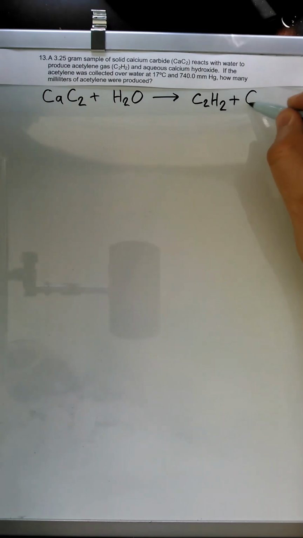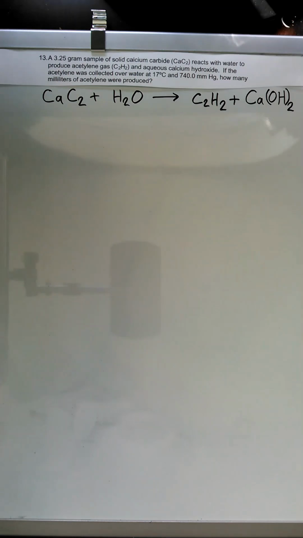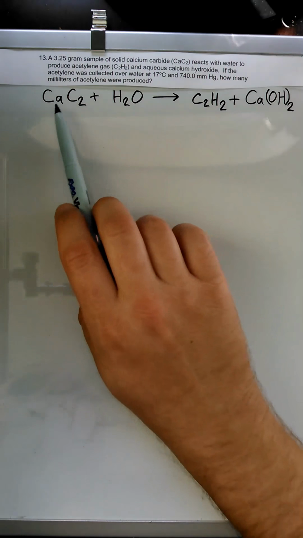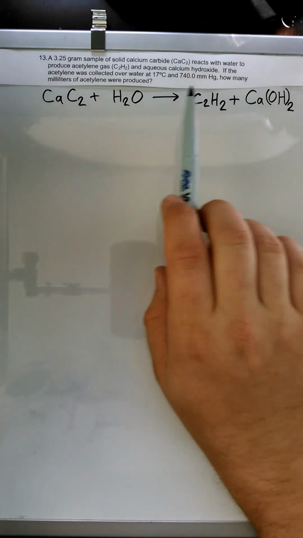Now, calcium hydroxide: hydroxide is a polyatomic OH with a -1 charge. Calcium is a +2 charge, so I'm going to have 2 hydroxide ions bonded to my calcium ion. Now we have our subscripts taken care of. We can balance this. We have 1 calcium on both sides. Good.